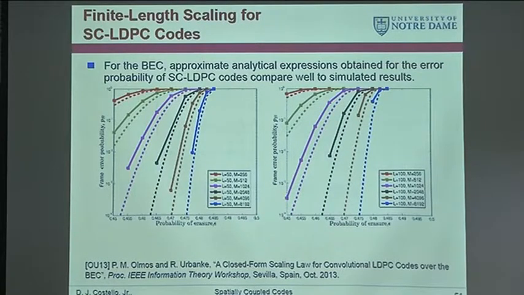This is erasure channel analysis. They use this peeling decoder, which relates to what whoever asked the question earlier was asking about. And they get a very nice way to estimate how the block error rate varies as a function of block size, and the estimates are quite accurate. So this is a useful tool, again, if you want to design spatially coupled codes, to see how your performance will vary with termination length.